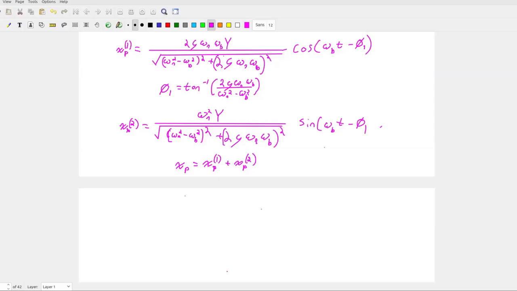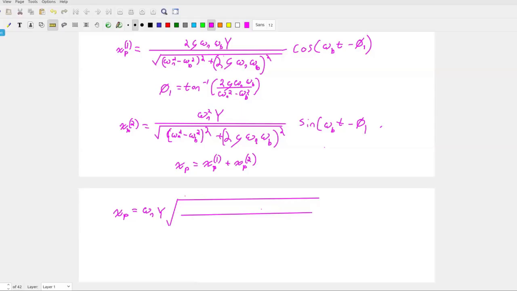I'm going to get capital X of P is equal to omega n capital Y, because I have those in both of my terms. And then I have a very large square root with a division in it.